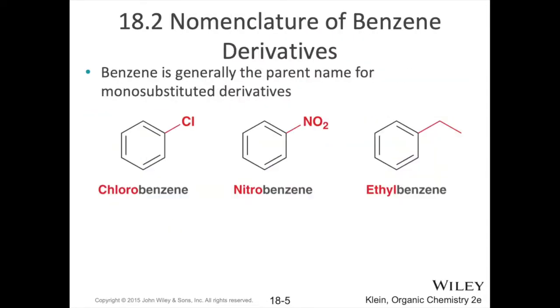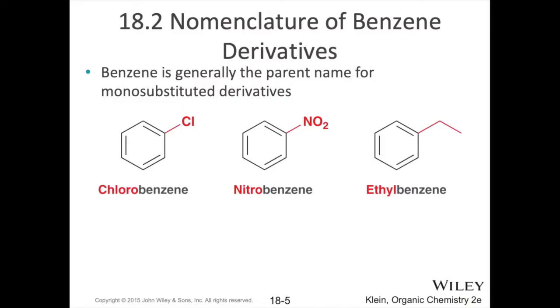So let's talk about naming benzene derivatives. Typically when you have a substituent on benzene, you use benzene as the root word, just like you would any alkane or alkene or alkyne, any other hydrocarbon, and you name the substituent before it. Now, just like with cyclohexane, if you have only one substituent, it's automatically at the number one position.